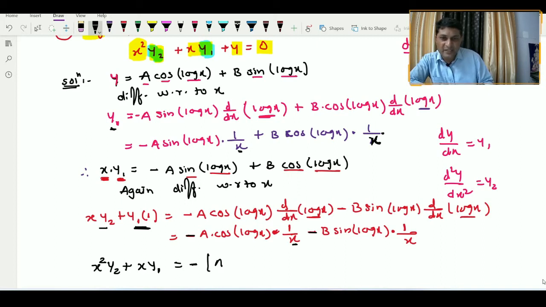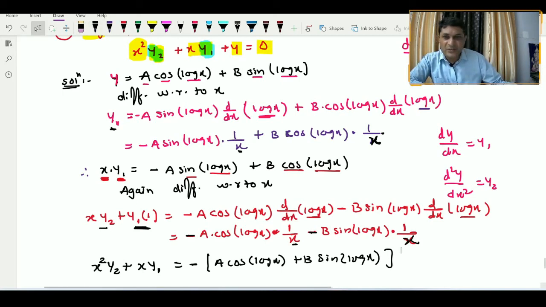So here the remaining term is a cos log x, and since we have taken minus common, here we will get plus b sine log x, and this x will get cancelled since we are multiplying both sides by x. So this result we have got just by simply multiplying both sides by x.